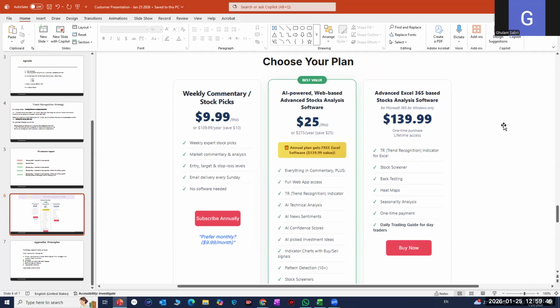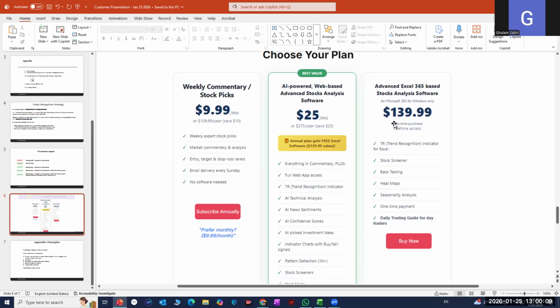It does not have those features, and even the TR indicator Ichimoku combo strategy, which I highly recommend taking a look at, is a one-time $140 only. The software is for you to keep, and we will provide a free update for 1 year, and our weekly commentary comes with this.